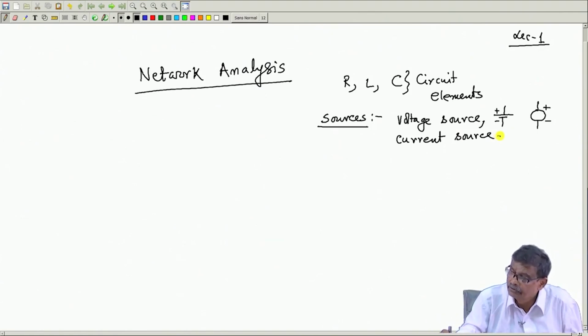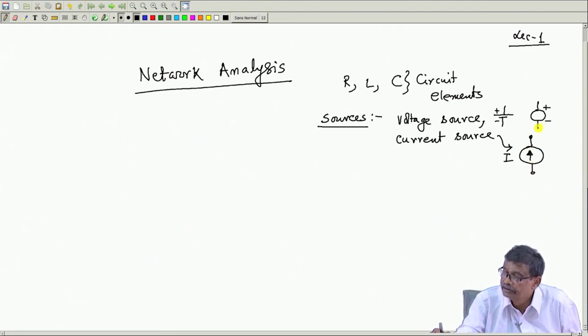Similarly, a current source will be drawn like a circle with an arrow within it, and besides it the magnitude of the current. These are the two terminals of the current source, these are the two terminals of the voltage source, like that.